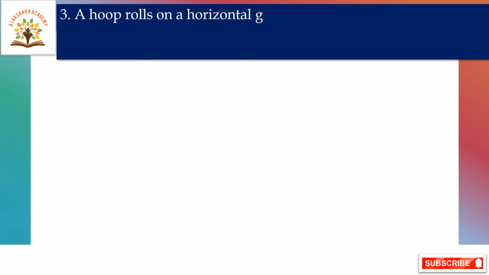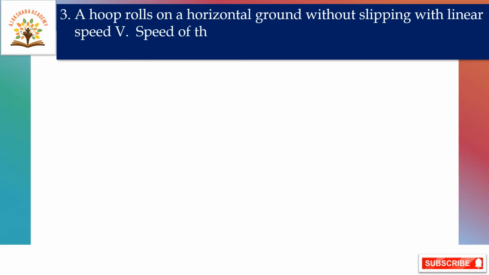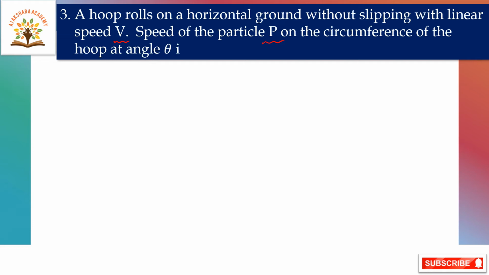A hoop rolls on a horizontal ground without slipping with linear speed v. Speed of the particle P on the circumference of the hoop at an angle theta is.